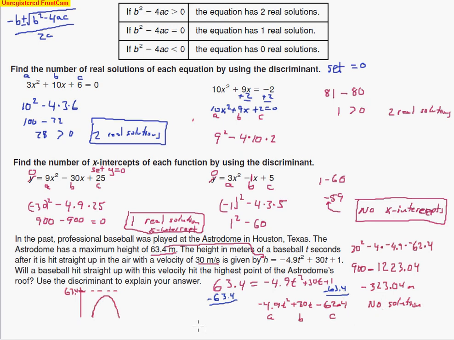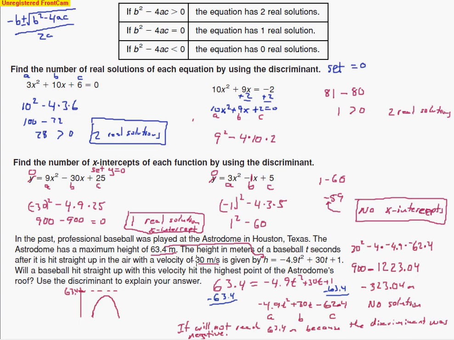No, it will not reach 63.4 meters because the discriminant was negative.